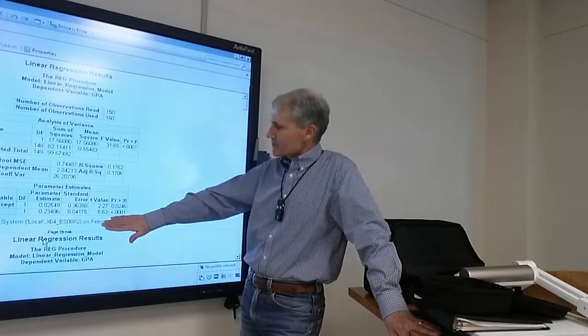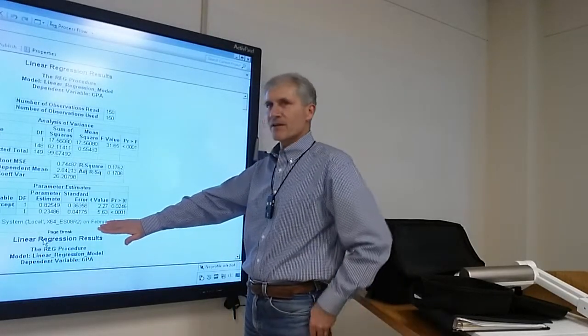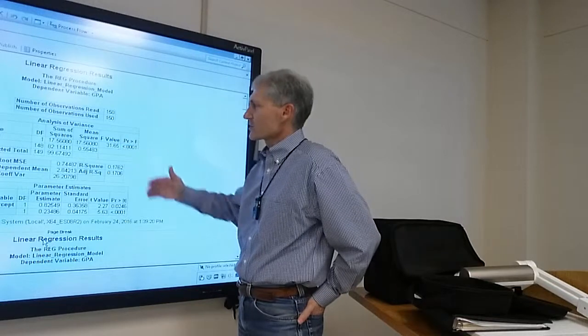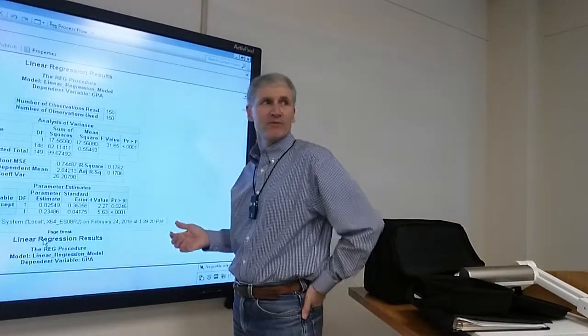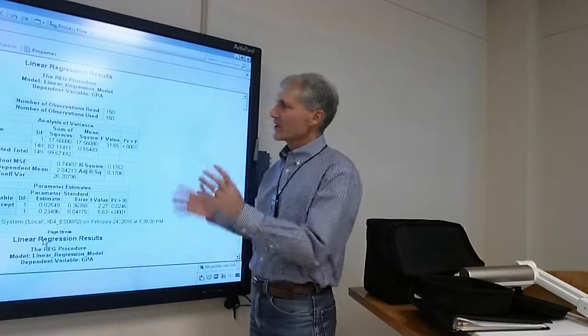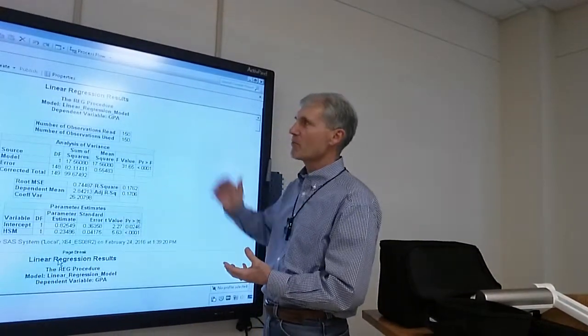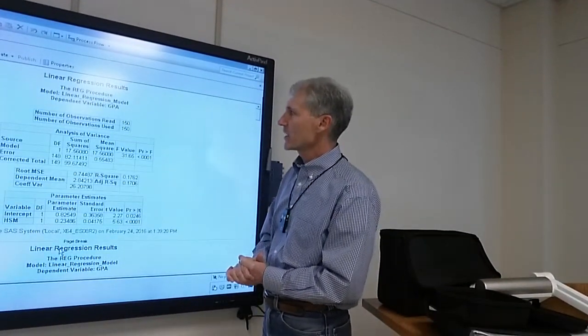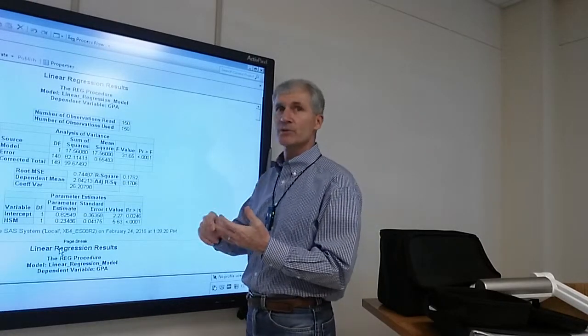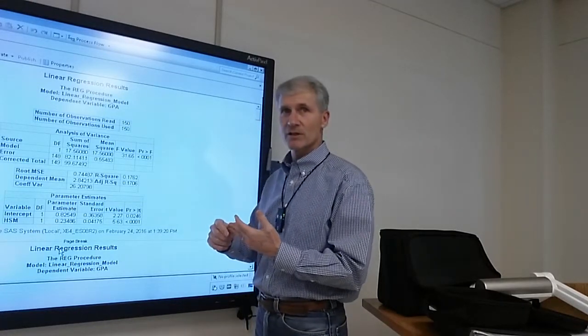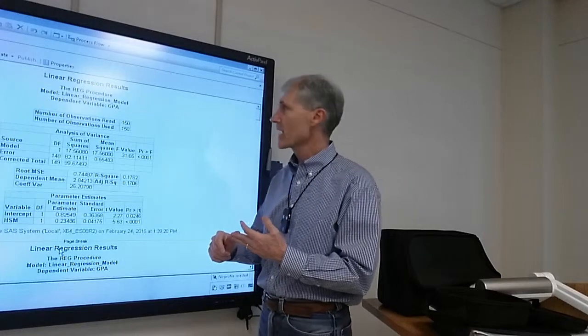So sometimes you get highly significant results, but if you look at the R squared, it's still not that great of a variable. So there's this balancing act, and it's really an art form of what we call model building. So let's go in and put the other two high school grades into the model and see what happens.